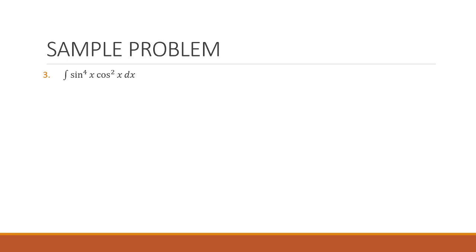Pero before we can apply power reducing identities, para mas convenient, kasi if we do this any other way, medyo complicated siya. Okay, so what I did here is para mas convenient siya i-solve, relatively easier siya i-solve. Okay, so before we apply identities, we can simplify this by rewriting sine raised to 4x as product of sine squared x and sine squared x.